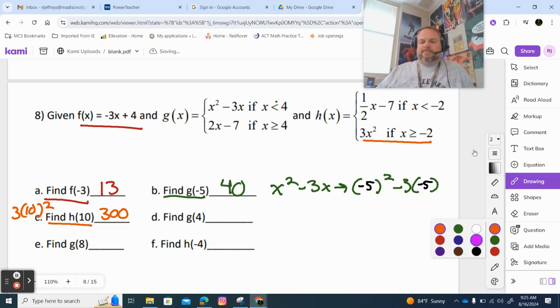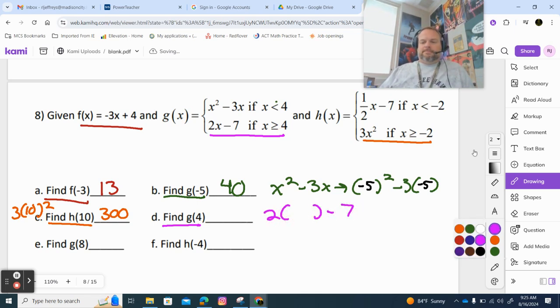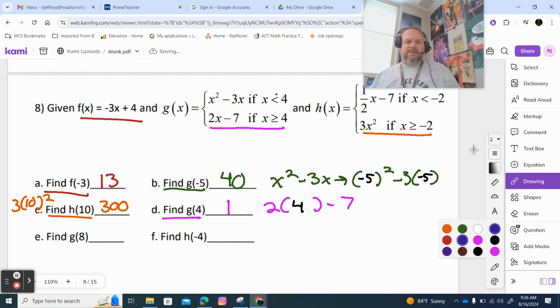Okay. G of 4. Is 4 less than 4 or greater than or equal to 4? So we get 1. All right. G of 8 is 8.